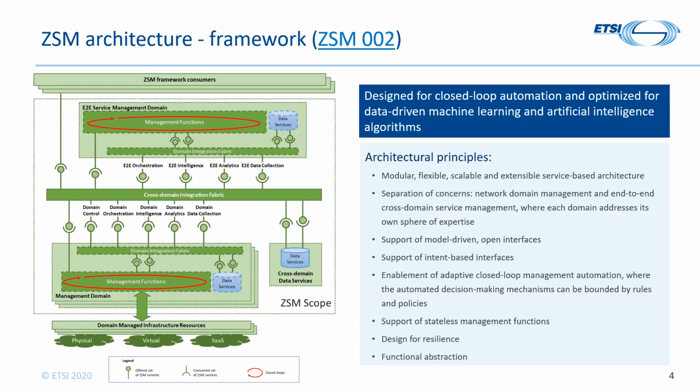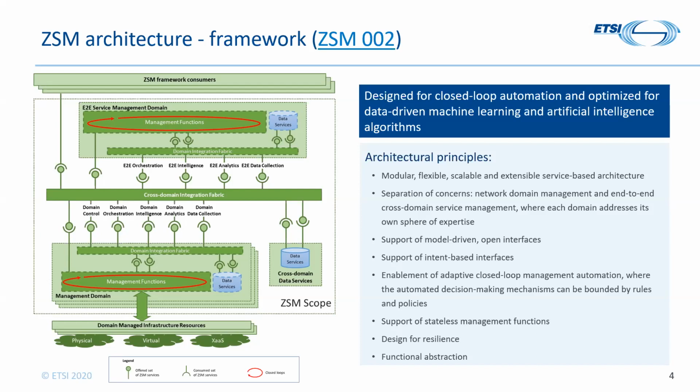It supports separation of concern, where each domain is defined with its own scope and expertise. The architecture must support model-driven, open interfaces, and intent-based interfaces. It enables adaptive, closed-loop management automation, where the automated decision-making mechanism can be bounded by rules and policies. The architecture must support stateless management functions. It must be resilient and must support functional abstraction.